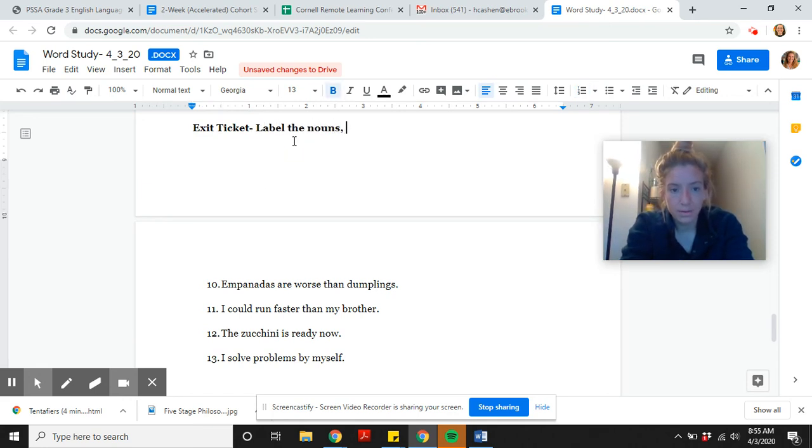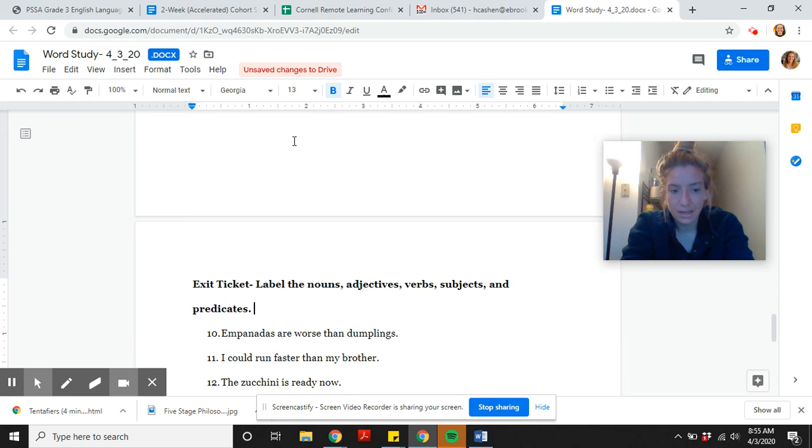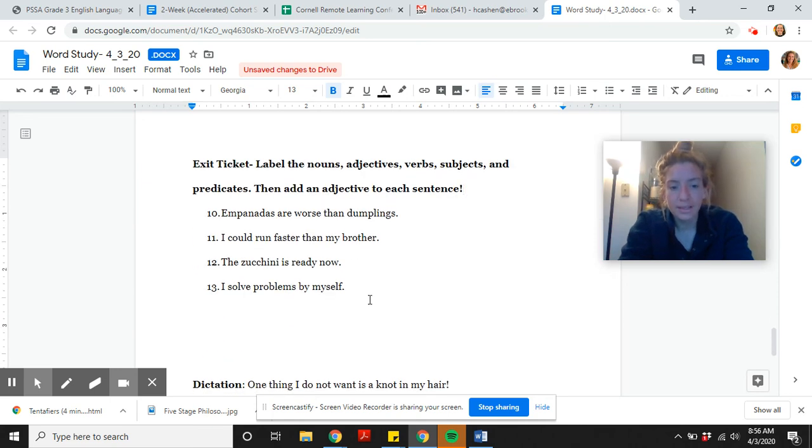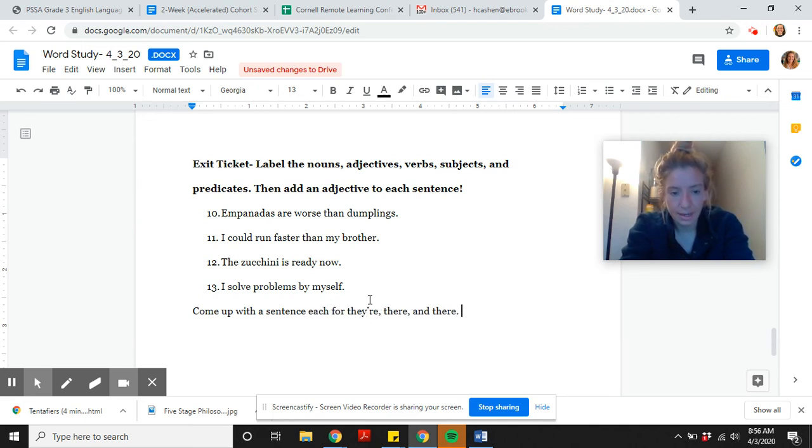You label the nouns, adjectives, verbs, subjects, and predicates. Then add an adjective to each sentence. And the other thing you're going to do is come up with a sentence each for they're, their, and there.